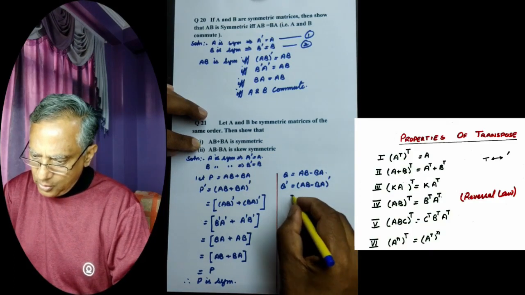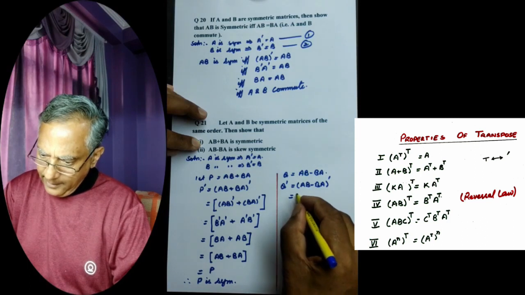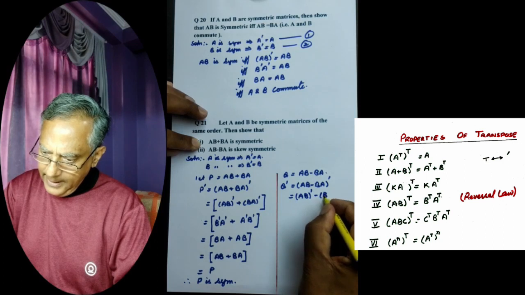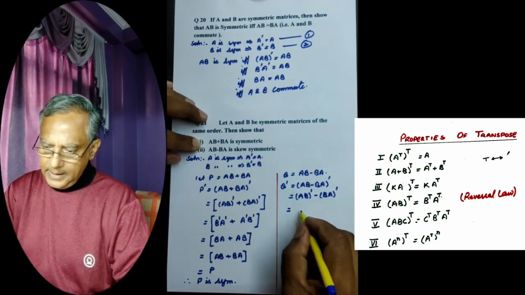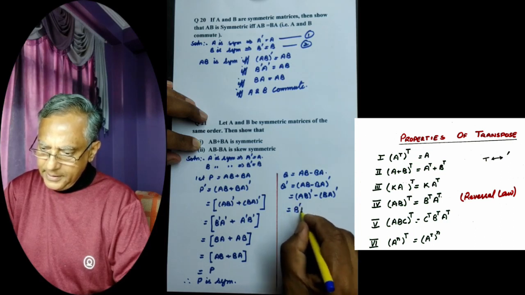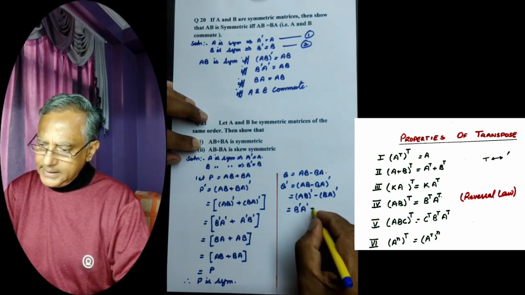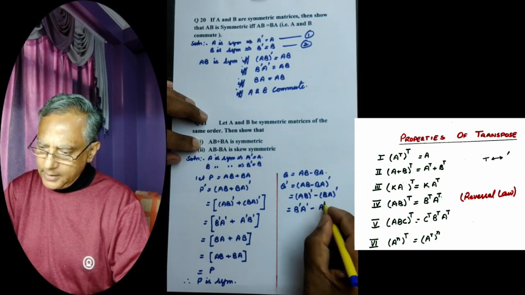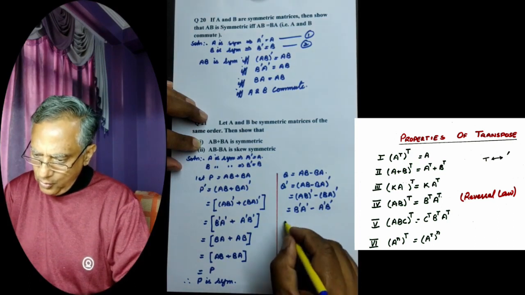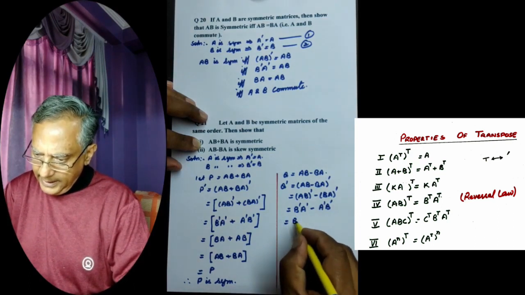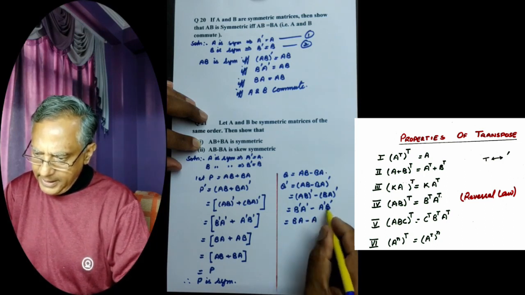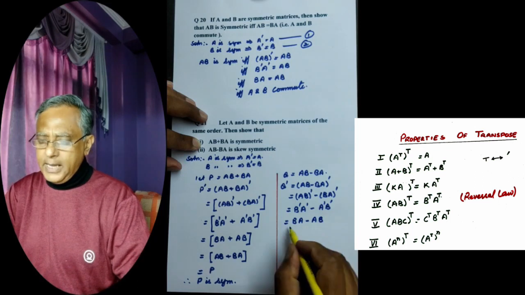So this is equal to (AB) dash minus (BA) dash, and this is equal to B dash A dash, reversal law, minus, again we will use the reversal law, and this will be equal to this. So this is equal to B dash is B and A dash is A, minus A dash is A and B dash is B, because A and B are symmetric.